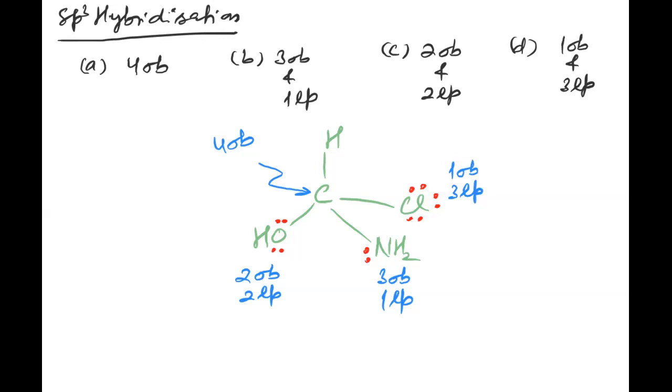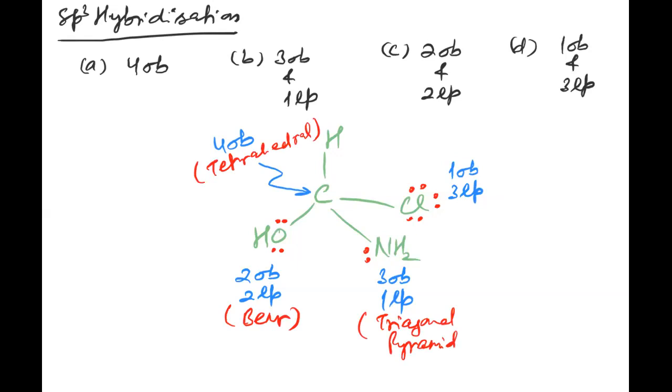So as far as the hybrid state of every carbon, oxygen, nitrogen, and chlorine is concerned, it is found to be sp3 hybridized. As far as their geometry is concerned, 4 sigma bonds means tetrahedral geometry. 2 sigma bonds and 2 lone pairs is bent. With 3 sigma bonds and 1 lone pair, the geometry is trigonal pyramidal.